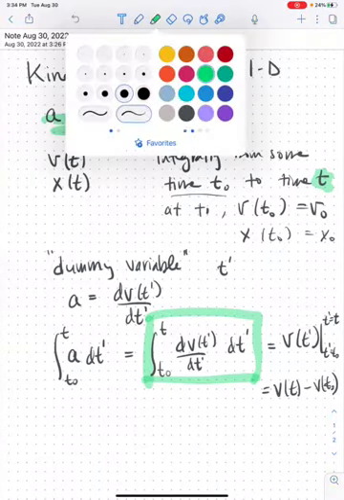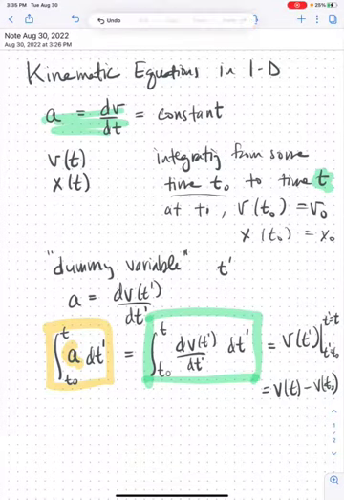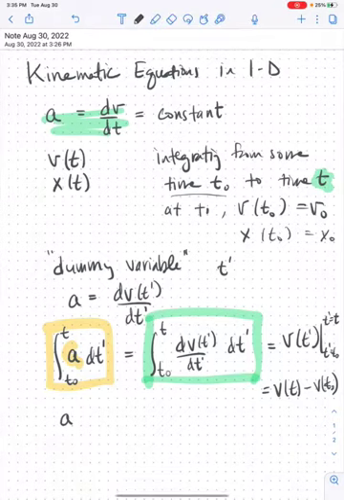Now we're going to look at the left side of the equation. Now remember that this a is just a constant. So this is an integral that you should be able to do. If you need help or need to review your integrals, feel free to come see me at office hours. But for right now, let's do this integration. And so that integral of this constant a from t0 to t is going to be a times t prime evaluated from t prime equals t0 to t prime equals t.